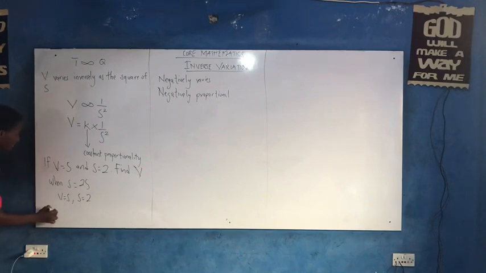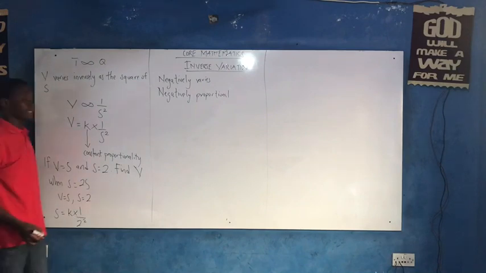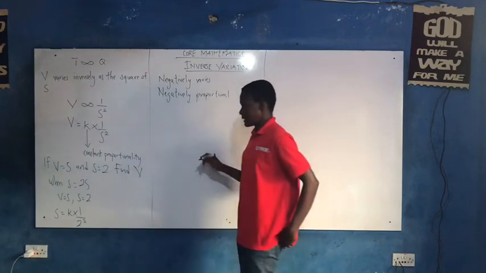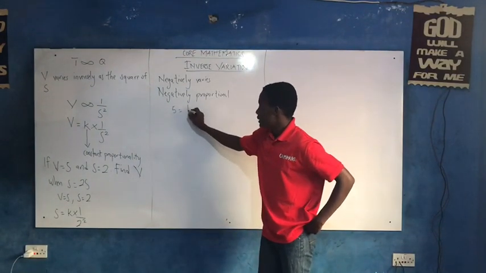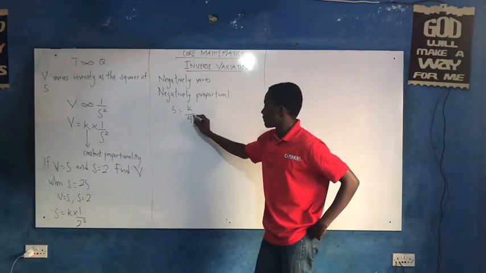So 5 equals K times 1 all over S, which is 2 squared. So I can say that 5 equals K all over 2 squared, which is 4.